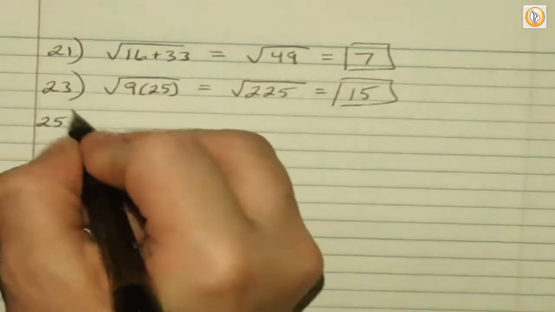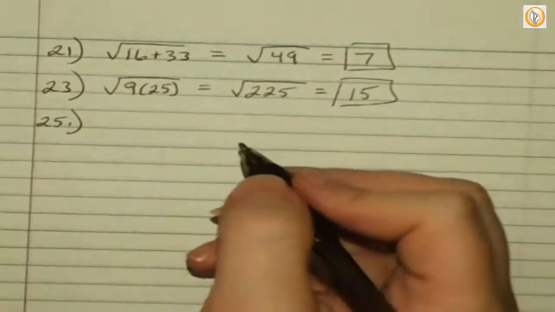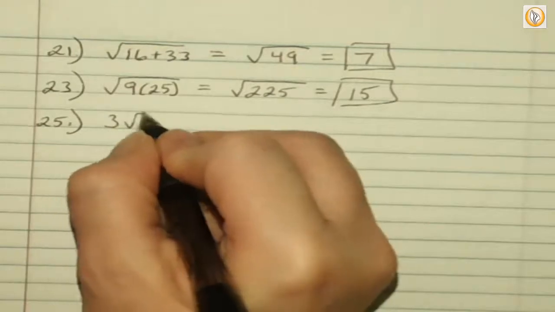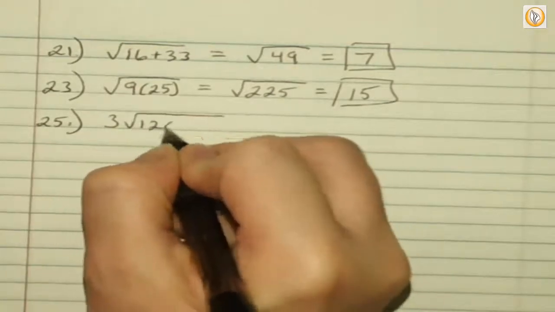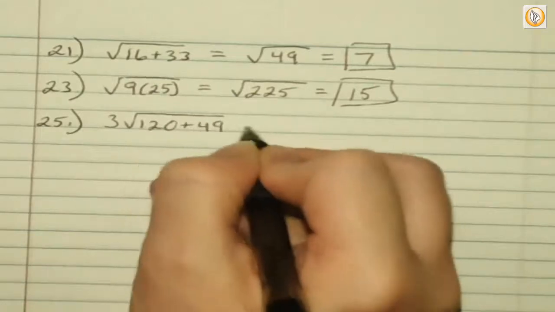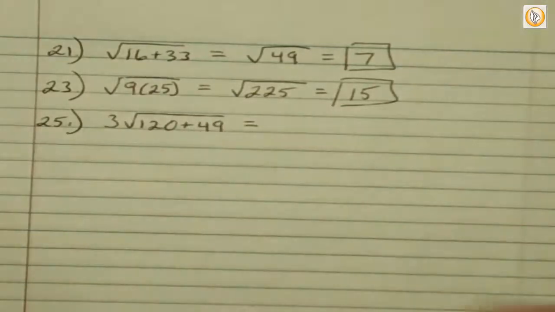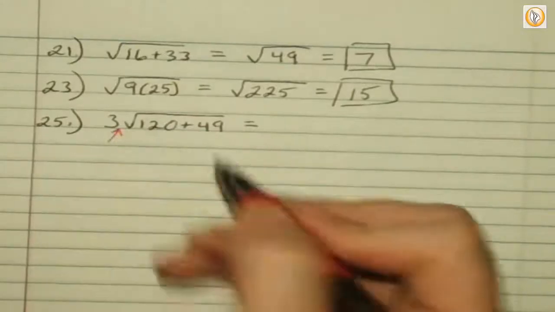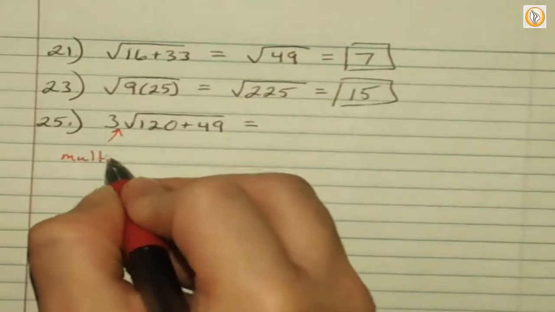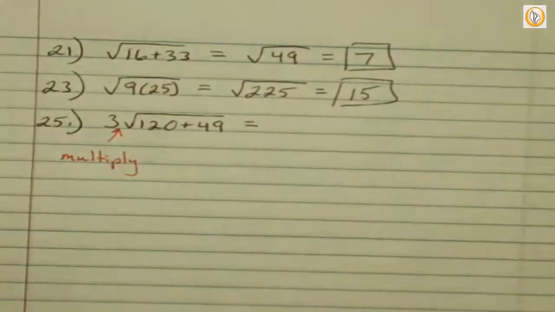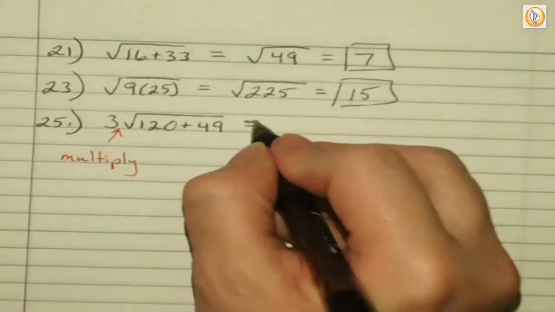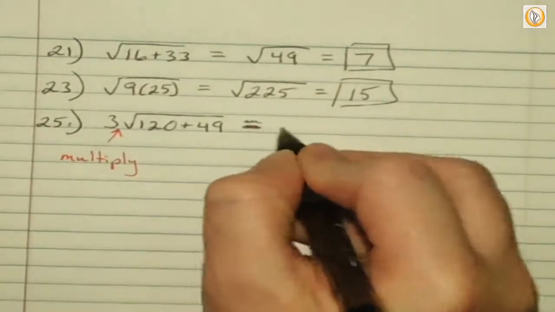Joanne, 3 times the square root of 120 plus 49. Don't forget this right here. When it's right in front, there's no operation sign there. That's automatic. You're multiplying. Oh, wait, I'm sorry. Minus, that's a minus sign.